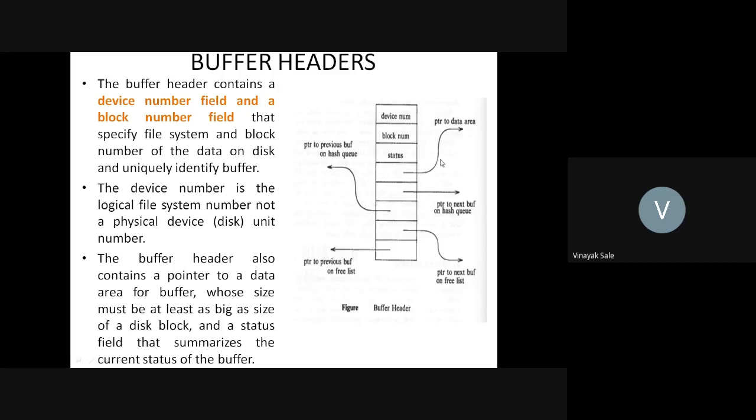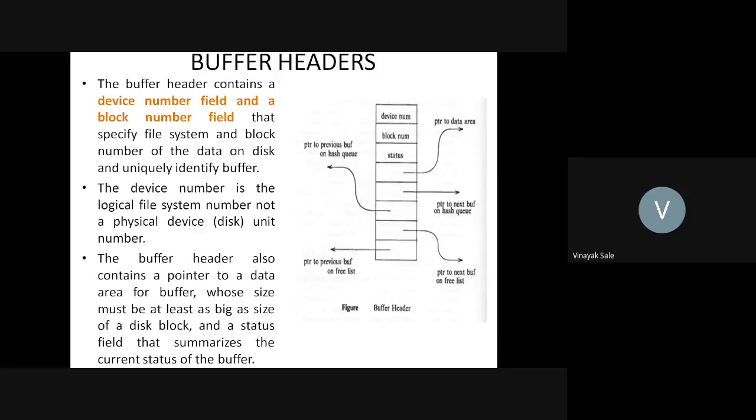The first pointer is to the data area, the second to the next buffer on the hash queue, the third to the previous buffer on the hash queue, the fourth to the next buffer on the free list, and the last to the previous buffer on the free list.